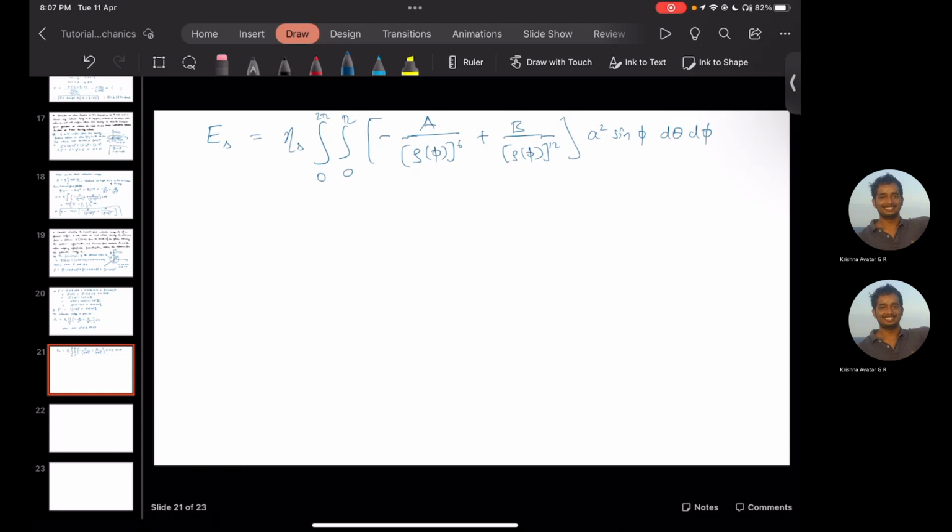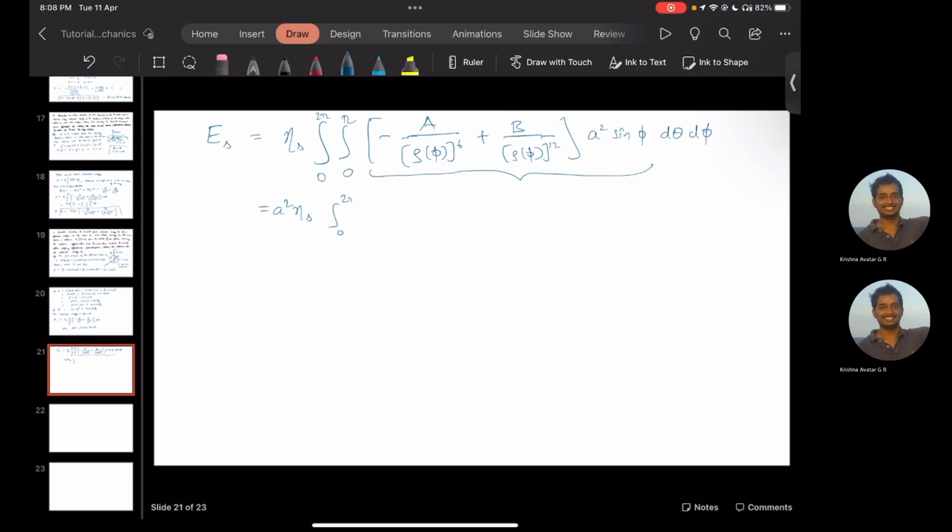Now let's take a look at the integrand. Is there any dependence on theta? No. So it means we can separate this double integral into a product of integrals. All we'll have is theta, and a squared comes out.